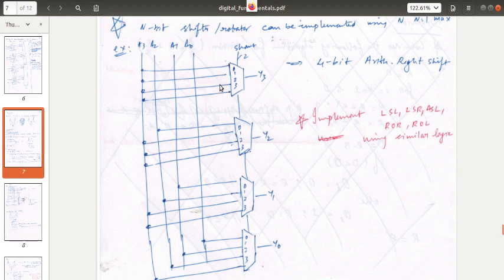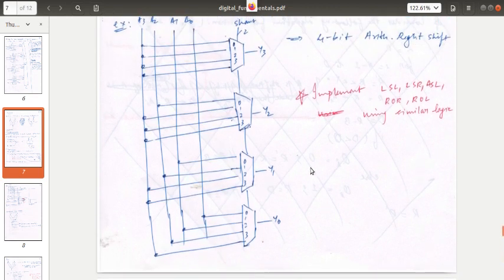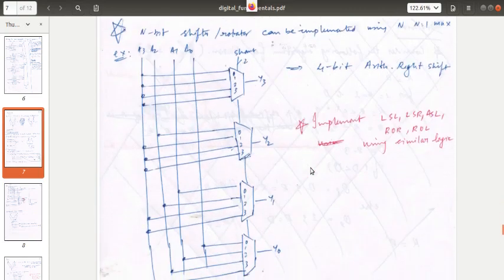Similarly, here for 0 shift it will be connected to A2, for one shift to A1, then for the second and third shift it will be connected to zeros. So try to implement the other shift and rotate logics using these multiplexers.